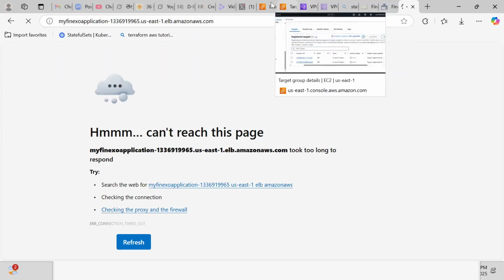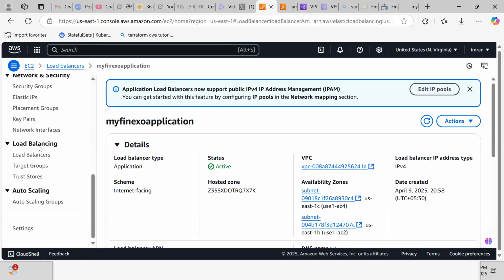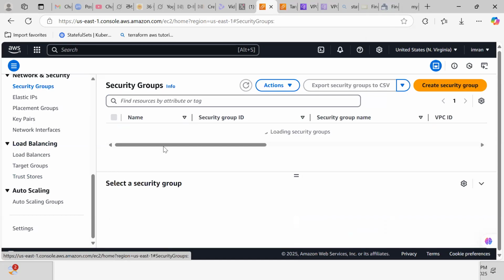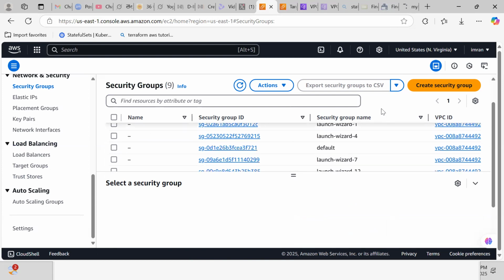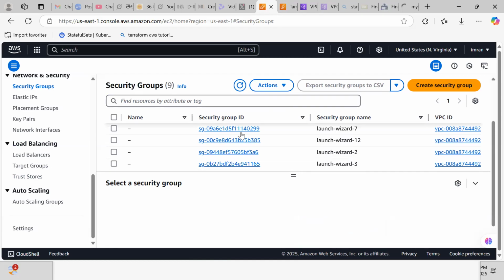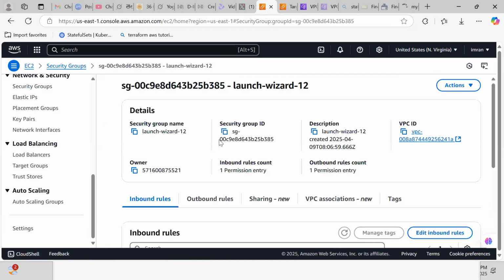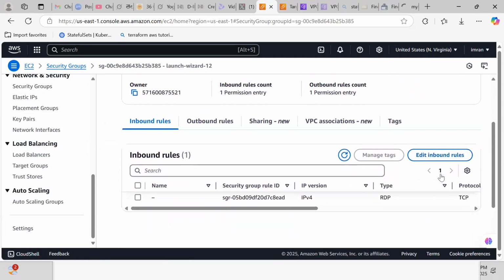So what is the security group rule we have given here? As of now, only one rule is there, and that is RDP.